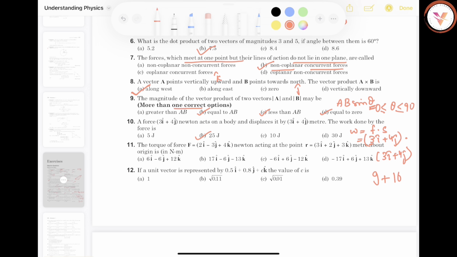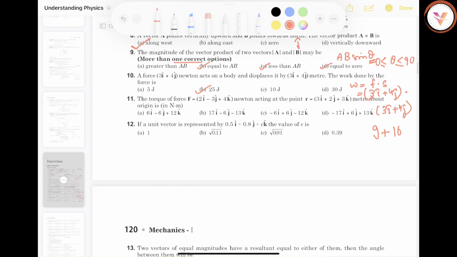Okay. Next, a torque of force acting on a point, so you have to calculate. So basically torque is r cross F. First the distance cross product with force. So first you have to write the r thing and then the force thing. So it's i cap, j cap, k cap, and r is 3, 2, 3, and force is 2, minus 3, plus 4.